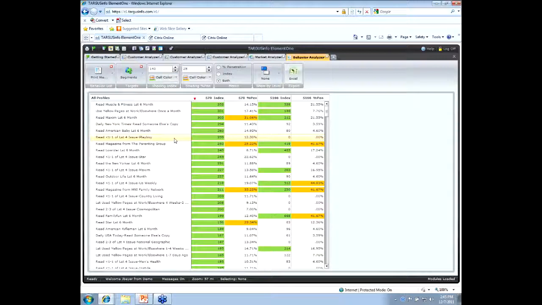So that may not be a magazine that you as an advertiser are interested in buying media against. But the parenting group has a magazine here that both segments are over-indexing on, and actually one where there's fairly high penetration. And so that would be an example of where there is alignment between these two segments, and one that would warrant consideration if they were grouped together.